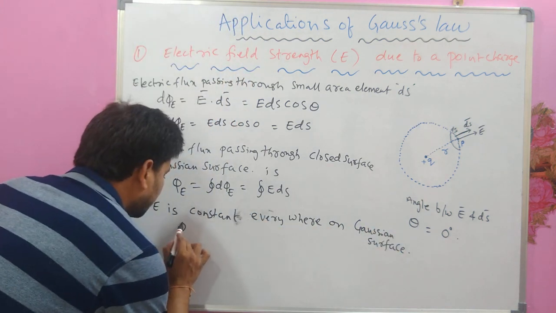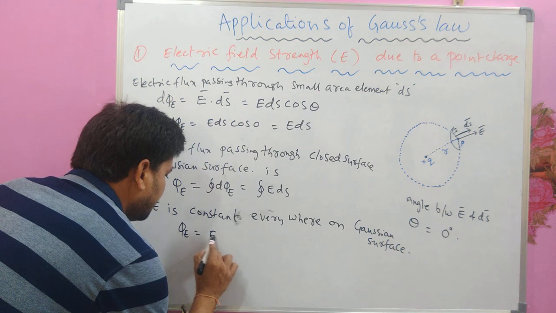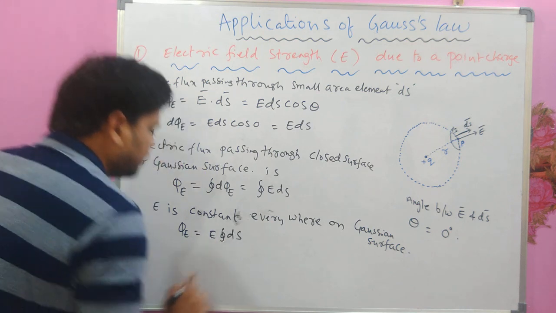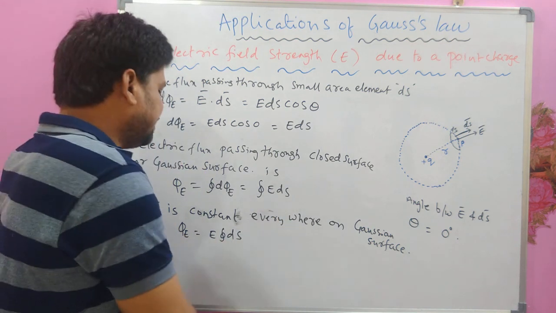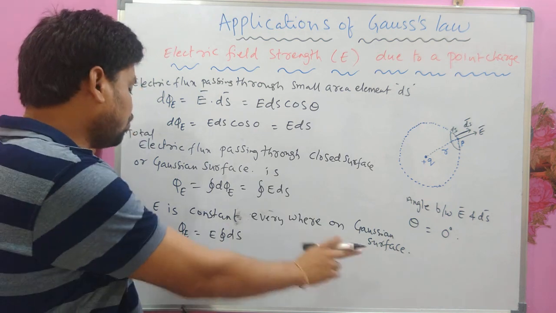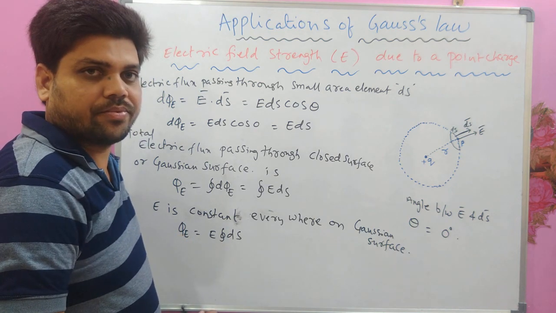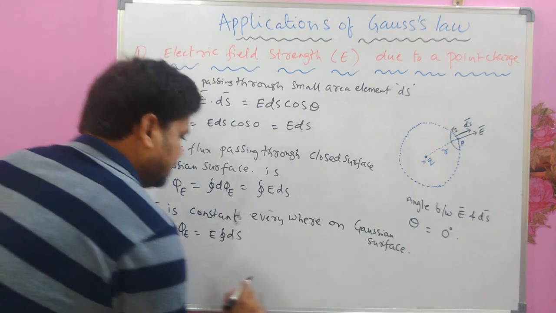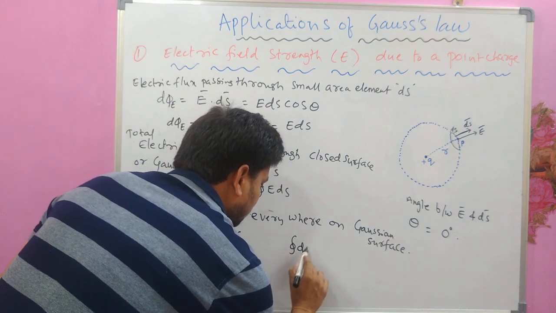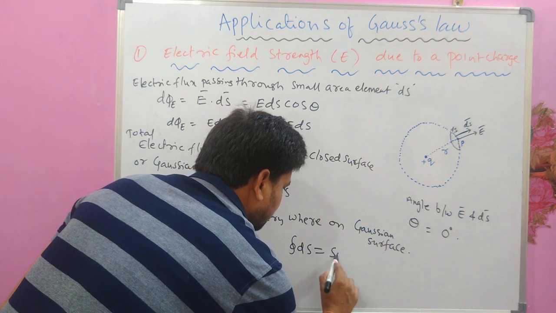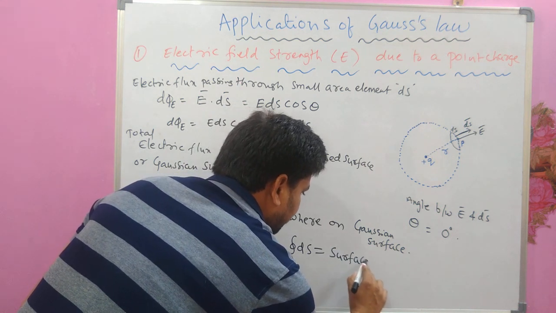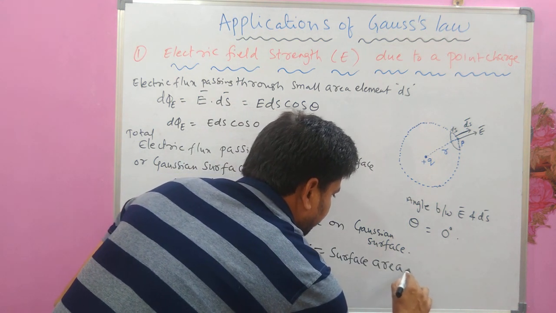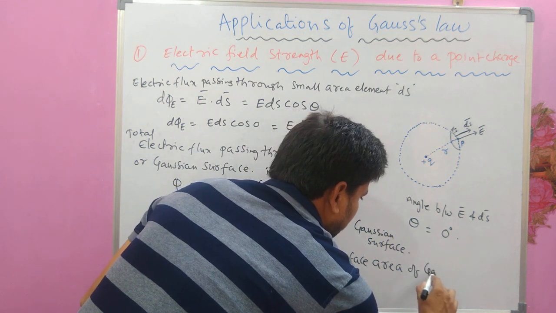Now what do we get? ΦE is equal to E integral dS. E can be taken out of the integral because E is constant. Now what is integral dS? Integral dS is equal to the surface area of the Gaussian surface.